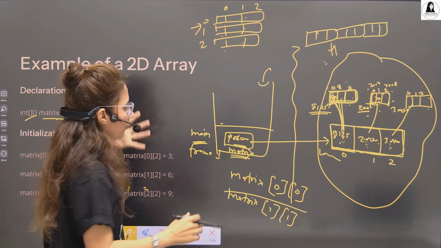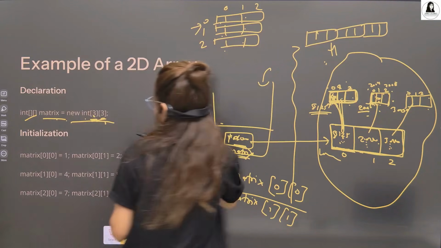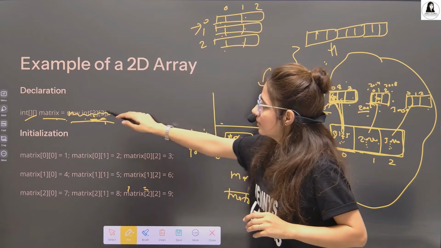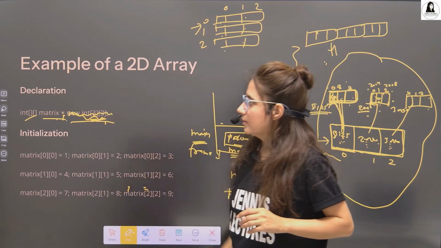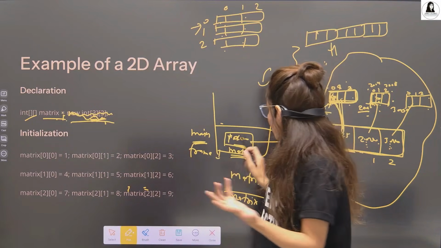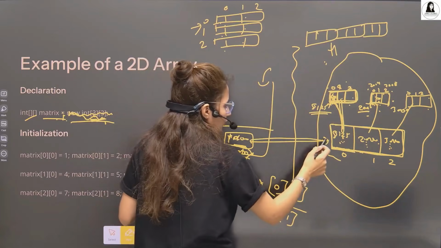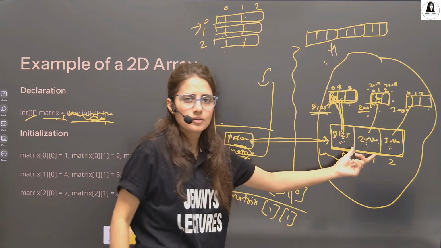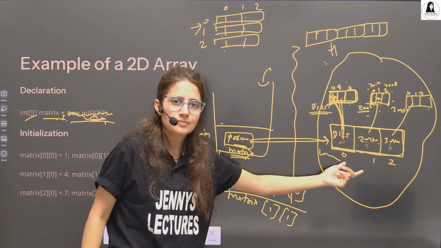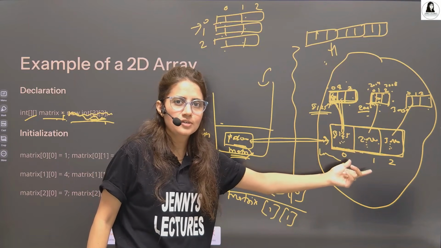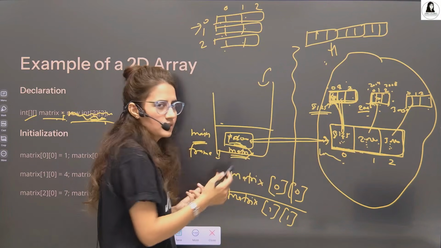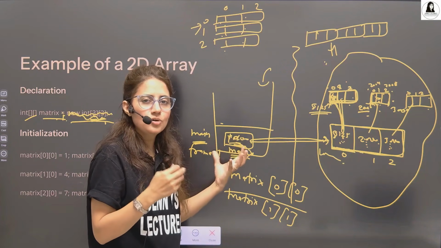Okay. So if you simply write int matrix, this matrix is not referring to anything, because there is no actual array or object you have created in memory. That's why it was showing the error that the 2D array is not initialized.